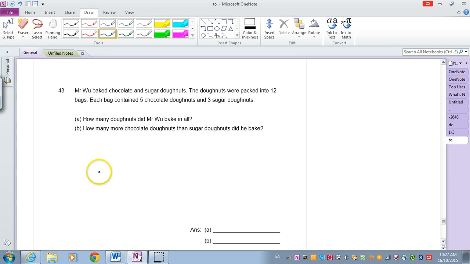Okay, now we know that one bag would have 5 chocolate donuts and 3 sugar donuts. So I would actually have 8 donuts in one bag. Alright, how many bags did Mr. Wu have? He actually has 12 bags. So what should I do? 12 bags, I would have 12 times 8 donuts.